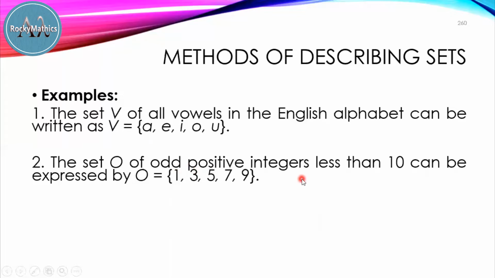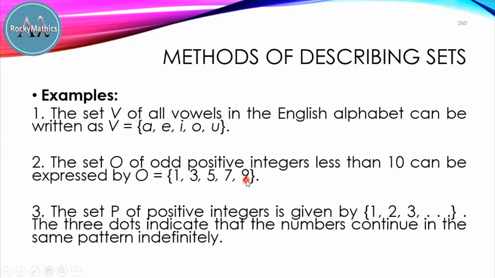So you know already what odd positive integers are. It starts from 1, 3, 5, 7, 9, 11, 13. But in this example, it is well defined. It is specifically given that it should be less than 10. So we only consider 1, 3, 5, 7, and 9.